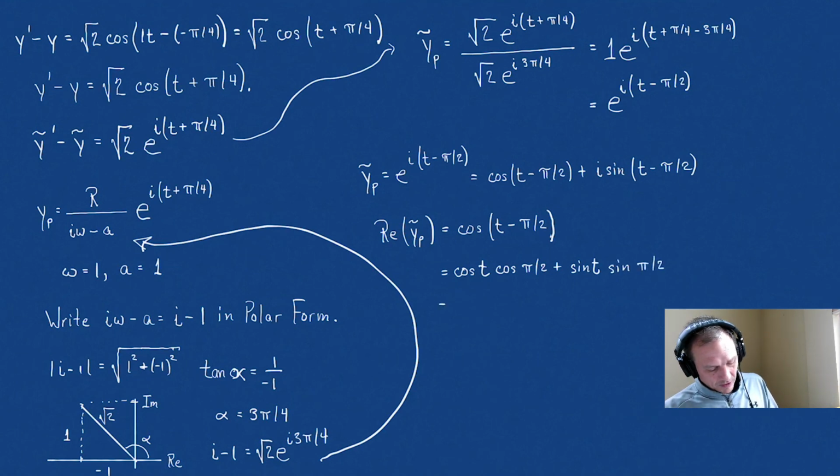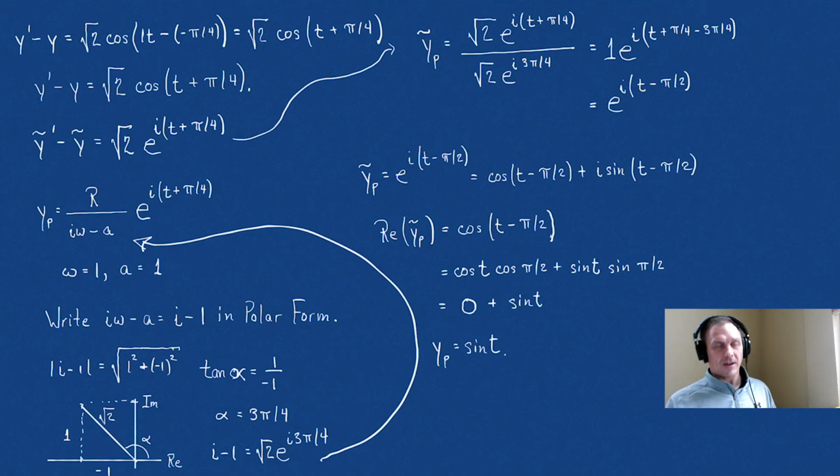Well, the cosine of pi over 2 is 0, plus the sine of pi over 2 is 1, so this just gives me the sine of t. So in other words, y particular equals the sine of t.